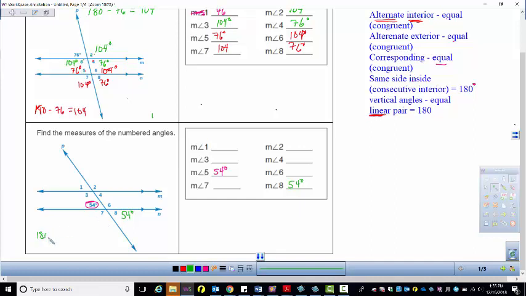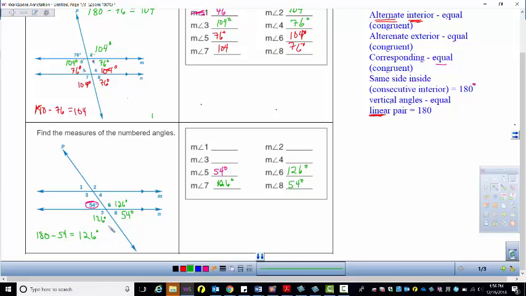I'm going to take 180 minus 54, and I get 126. You might need a calculator for those today. So angle 7 is 126 degrees. Angle 6 is 126 degrees because 6 and 7 are across from each other, so they are vertical angles. So I got those four.